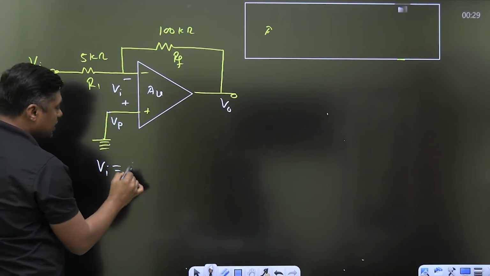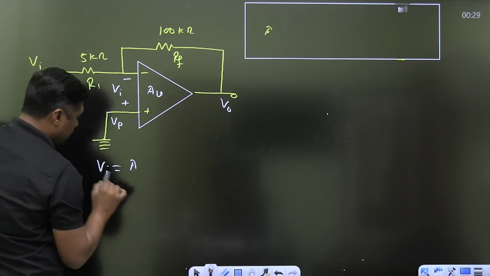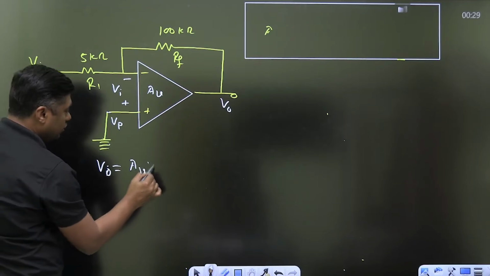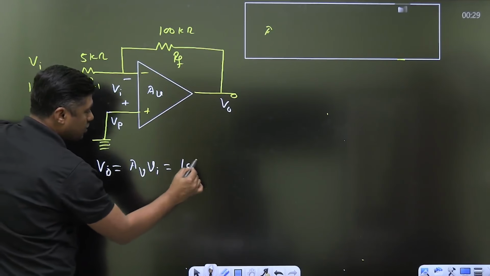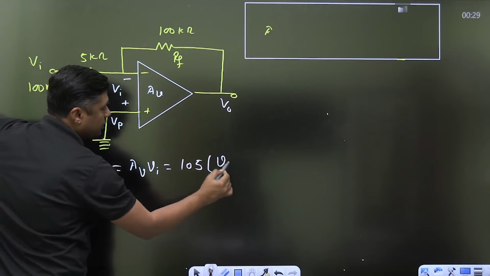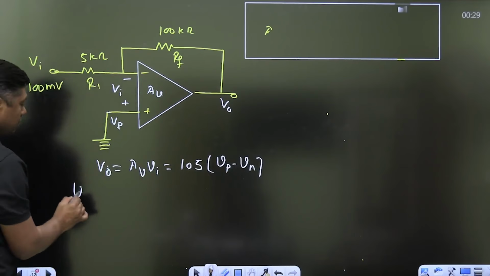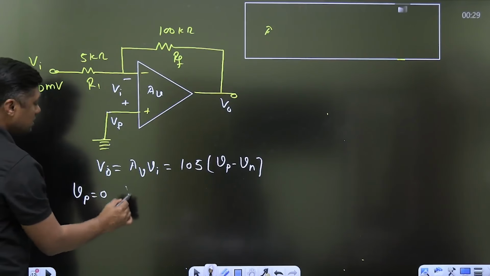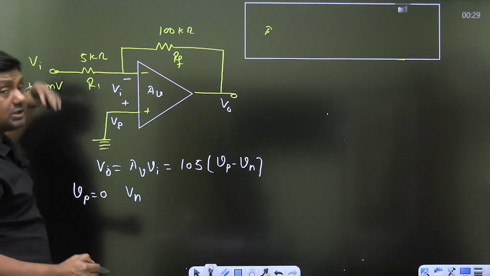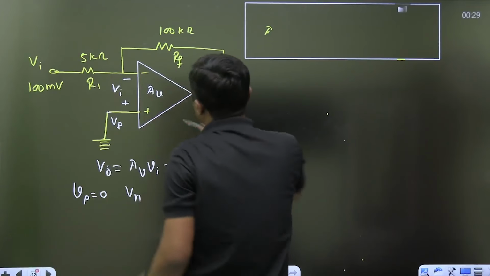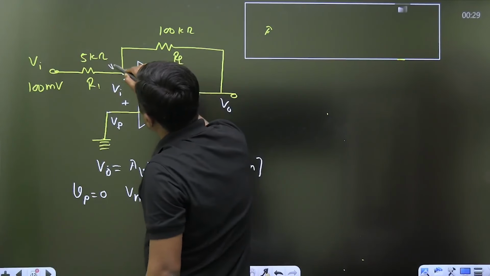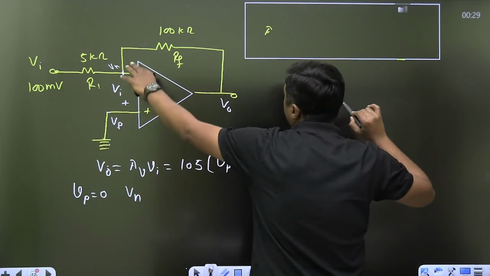Output is equal to AV into VI, where you are going to put the positive value 105, so you can put the VP minus VN. So what is the value of the VP? 0. Now what is the value of the VN? Because it is a practical operational amplifier, this is nothing but VN. Don't apply the virtual short concept. VP and VN are not equal.